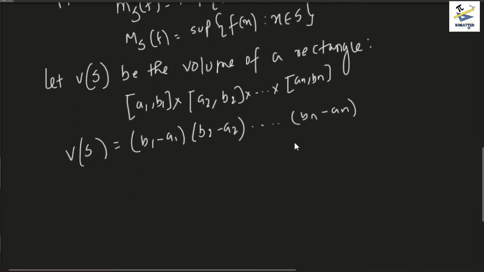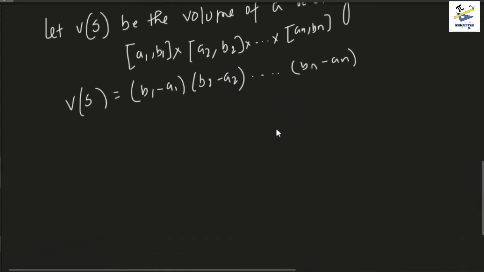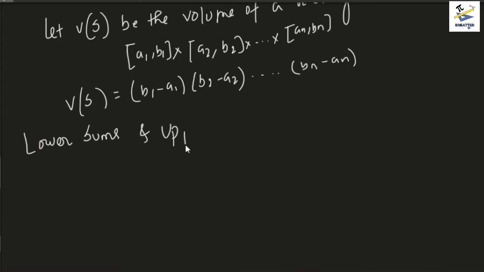now the lower and upper sums of f for P are defined by, this is very important, lower sums and upper sums. So the lower sums and upper sums are defined as follows.